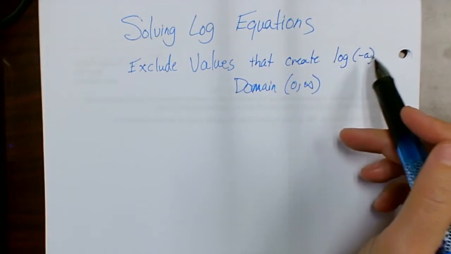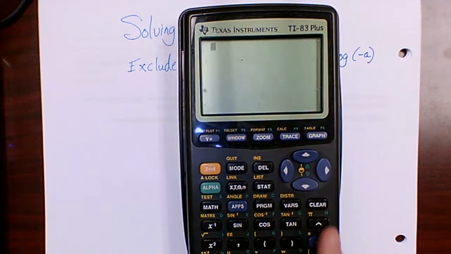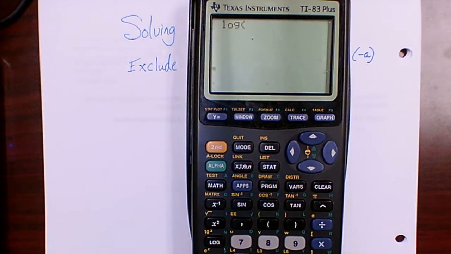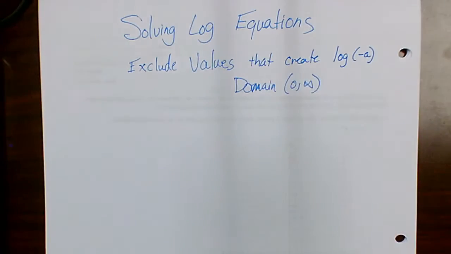So if we get a log that is a negative number, it will be invalid. If we go log -3, then it's not a real answer. Your calculator won't even figure that.